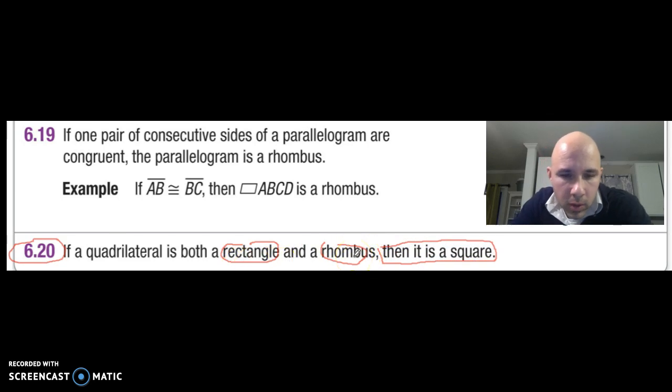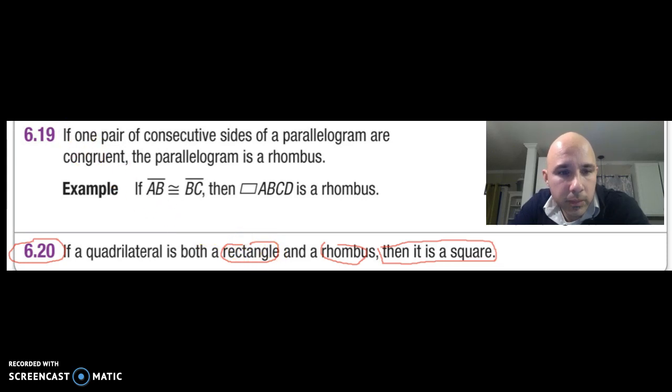So you got to know about the diagonals. For a rectangle, they have to be congruent. You also have to know about the diagonals for a rhombus, that when they bisect, it forms a 90-degree angle, and then it cuts the angle in two. So if it satisfies everything, it's a square. Let me know if you have any questions on this, and hopefully I can clear up some of the confusion.